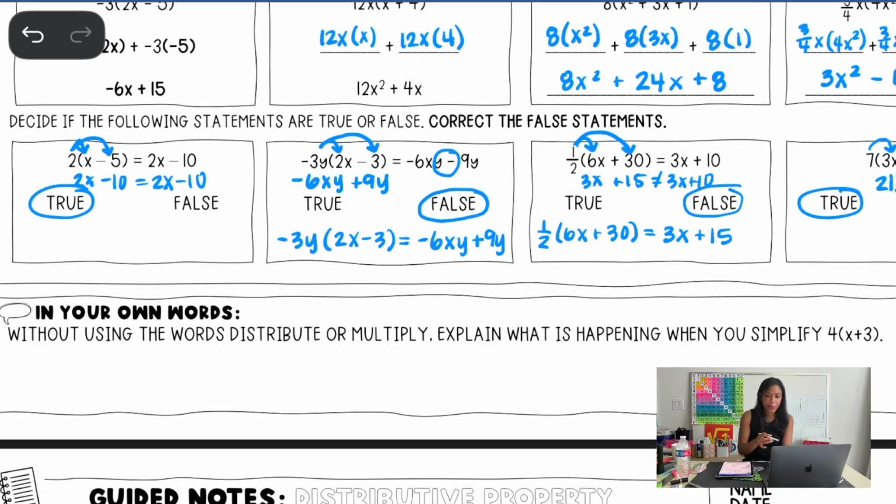This is not a question that really has a right or wrong answer, although there are bonus points you can get if you say the right words, if you know what you're talking about. So I would love to hear what your suggestions are without using the words distribute or multiply. Explain what is happening when we simplify 4 times x plus 3. All right, it's a great prompt to leave off on.